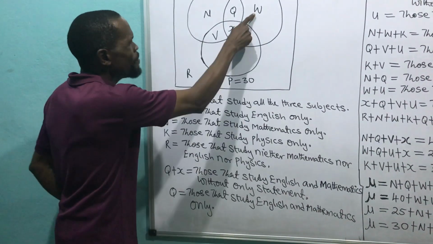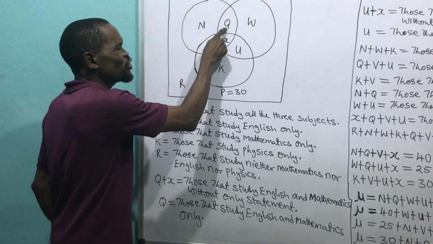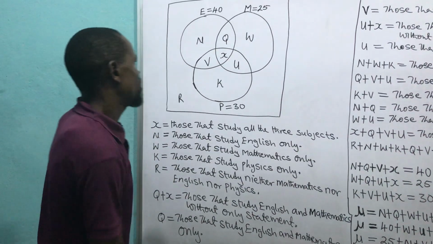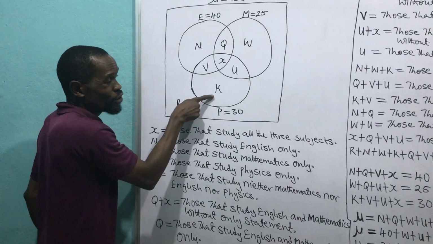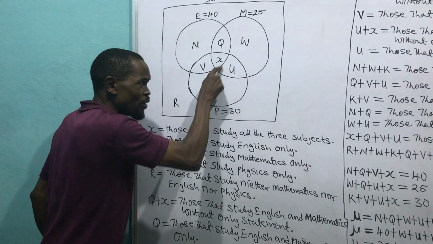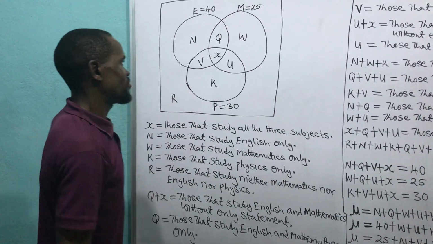You remember when I mentioned W, I said people that study mathematics only. When I mentioned Q, I said people that study English and mathematics only. When I mentioned V, I said people that study English and physics only. When I mentioned U here, which is this portion, I said people that study mathematics and physics only.